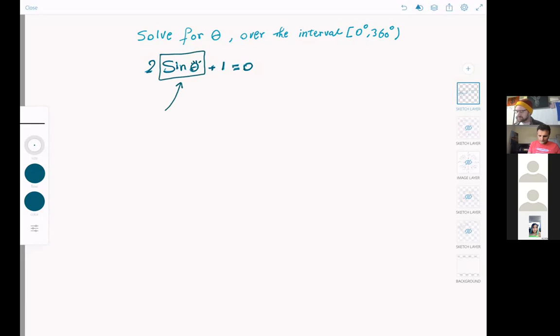I need to get rid of plus 1. I subtract 1. We have 2 sine of theta equals -1. I divide by 2. I get sine of theta equals -1/2.